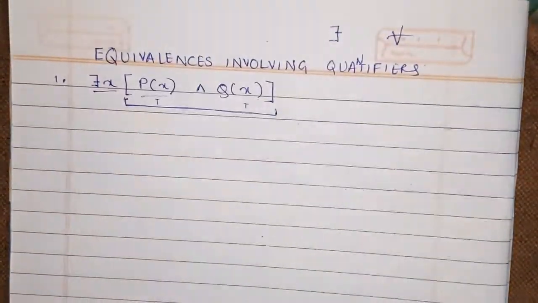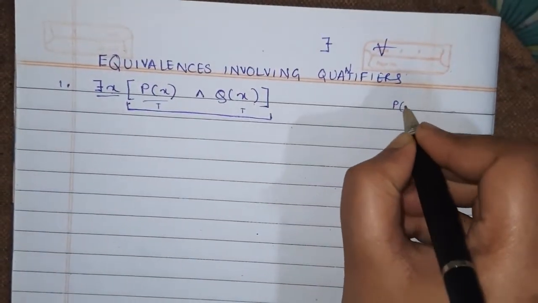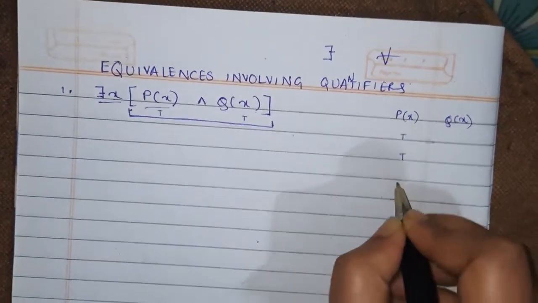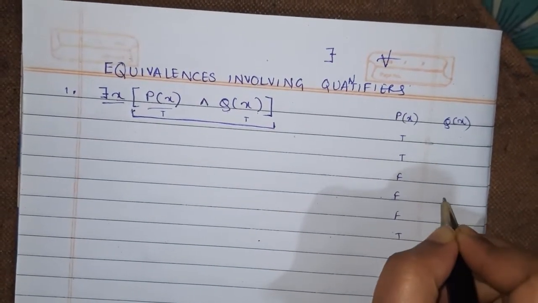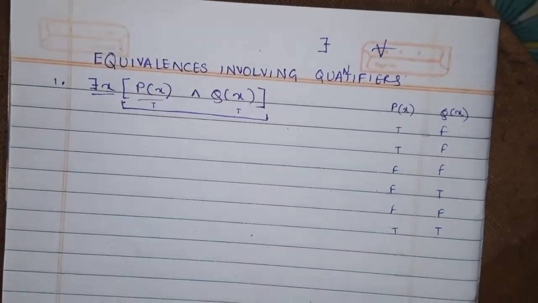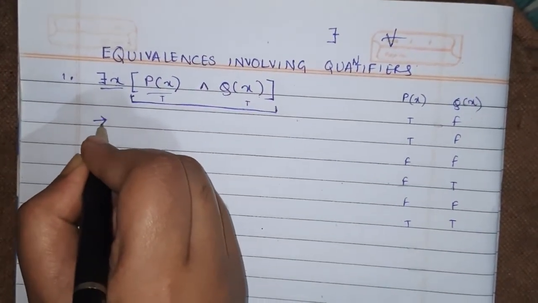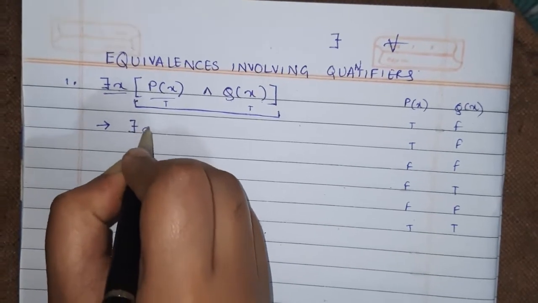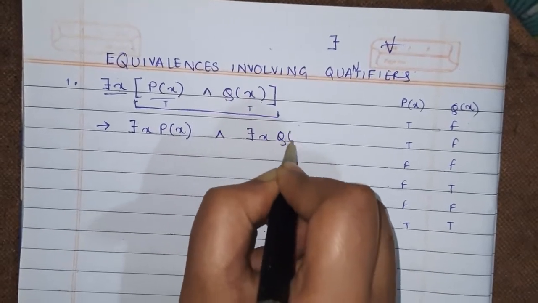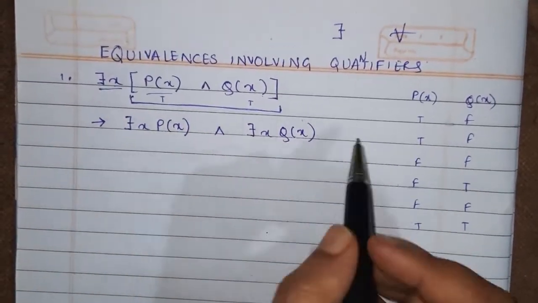Suppose there are some p of x and q of x whose truth values are like true, true, false, false, false, true, true, true, false, false, false, false. So this condition implies there exists x p of x and there exists x q of x. Is this whole thing true or false? We shall see.